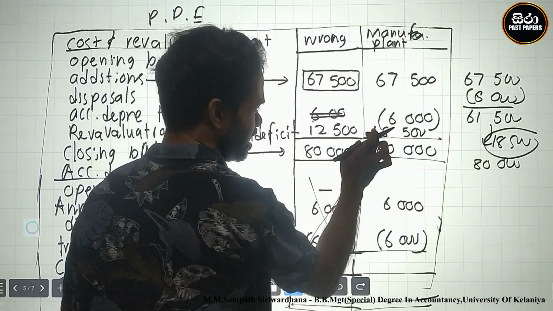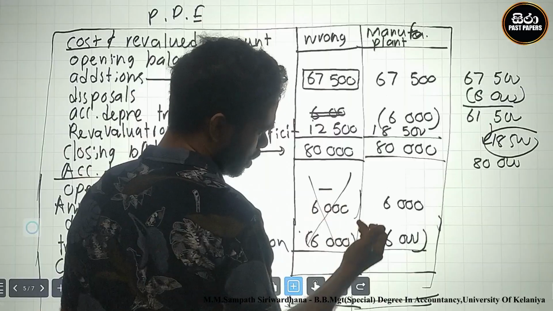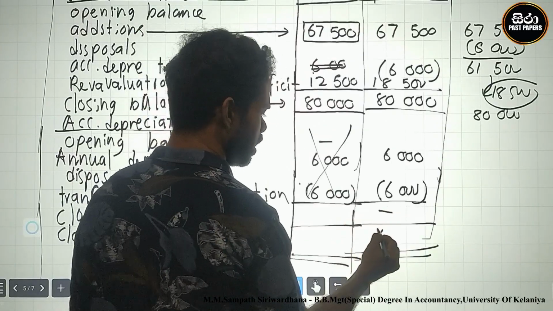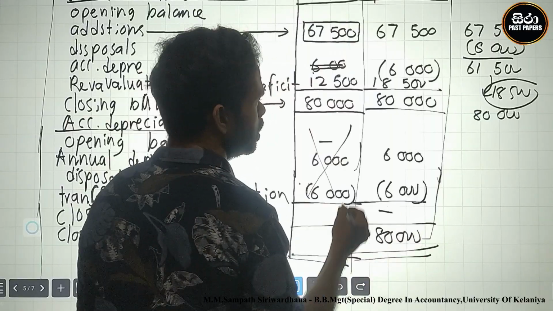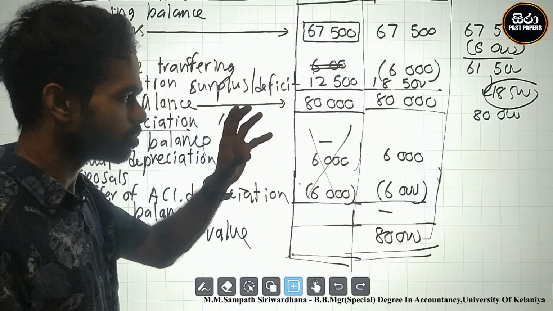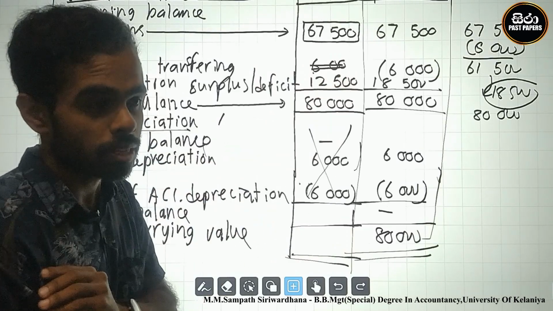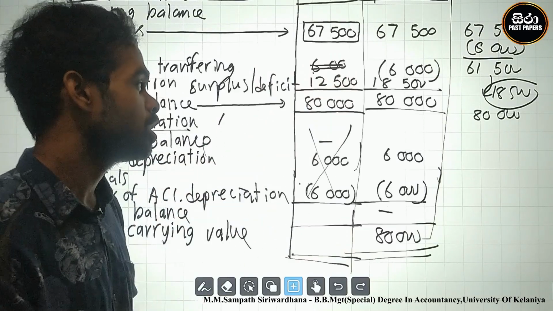Okay, after that we can finalize this one. There is no accumulated depreciation, 80,000 is the answer. Okay, the revaluation surplus should be included where? Other comprehensive income.